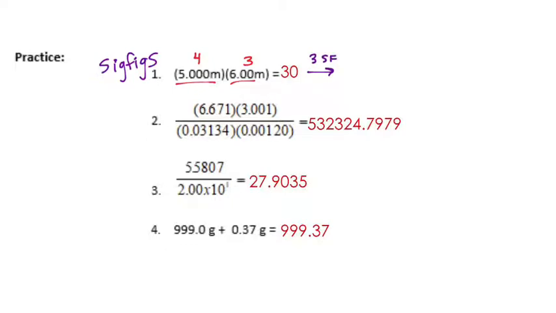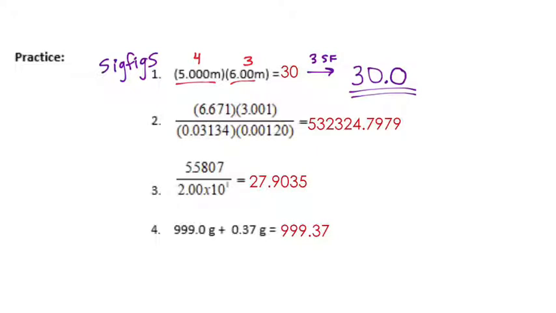And most of the time this isn't going to need to be happening, but it does happen occasionally. We need more SigFigs. Right now, 30 as it's written is just 1 SigFig. So I know I could probably put a decimal at the end, and that's going to make that 0 significant. So now this is 2 SigFigs, but how do I get another one? Well, we're going to have to add another 0. And both of those zeros are SigFigs because they're trailing zeros, and I've got a decimal.